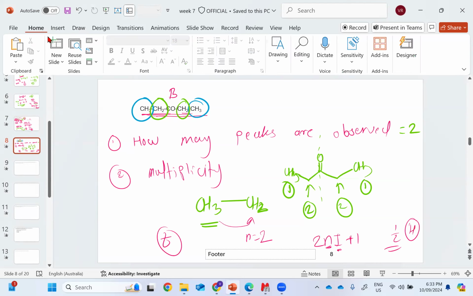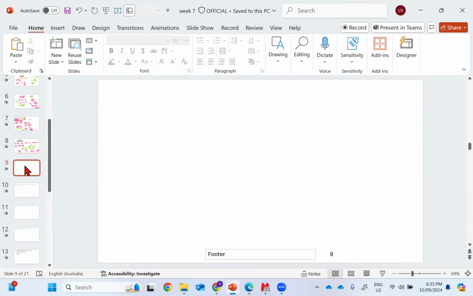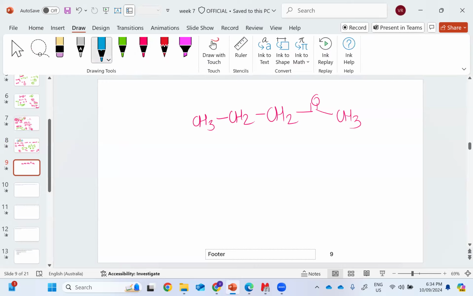And I will show another problem here. Let's take a problem in more depth. Here we have CH2, and let's take an example like this. In this molecule, you can already solve how many signals there are here.